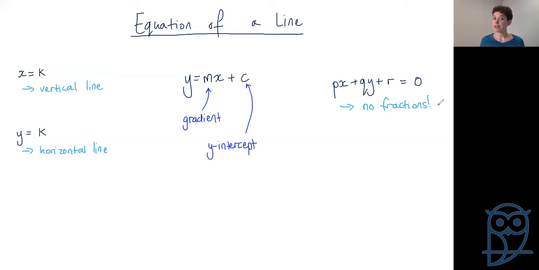And then, of course, you've got to keep an eye out for instructions in the question if they want it in a particular format. But the whole joy of px plus qy plus r equals 0 is that you've cleared all your fractions. You've multiplied through by those denominators, and you now just have one neat line, which can be very useful for the next part of a question.